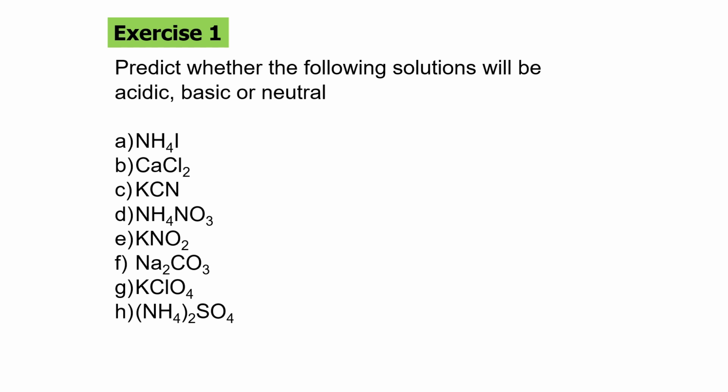So kita tengok one exercise here. Predict whether the following solutions will be acidic, basic or neutral. So kita ada NH4I. So NH4I dia akan dissociate kepada NH4 plus dan juga I minus.